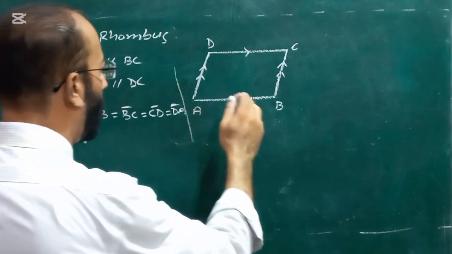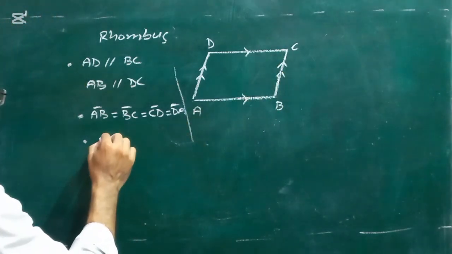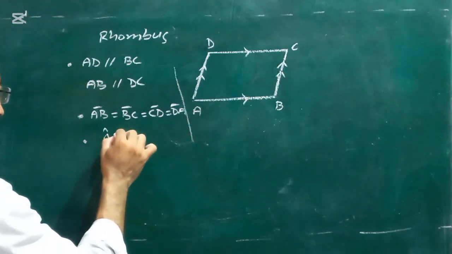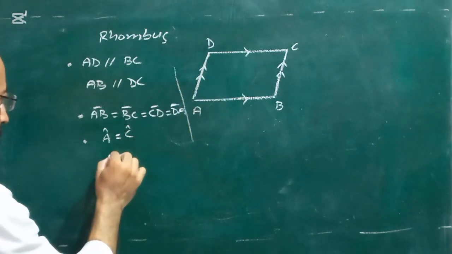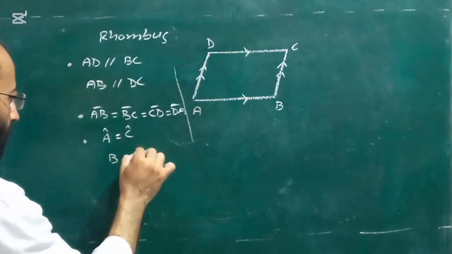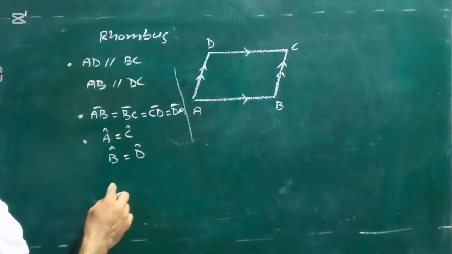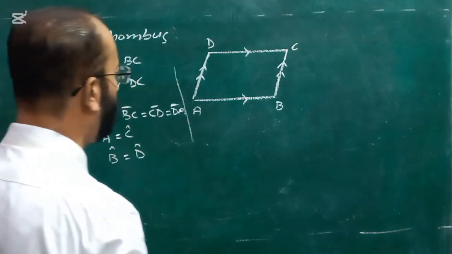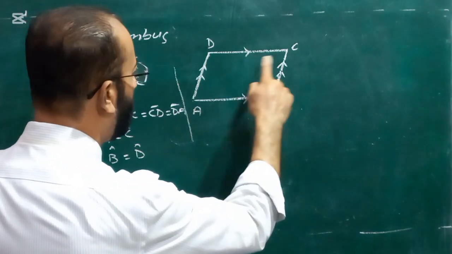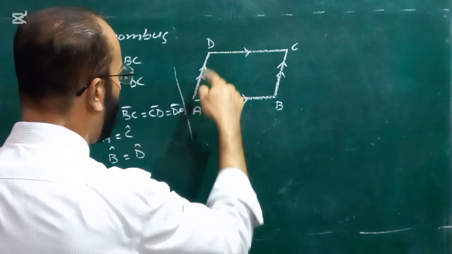Opposite angles are equal. So angle A is equal to angle C and angle B is equal to angle D. Okay. Next property is, because these are parallel lines, A and D will make interior angles.